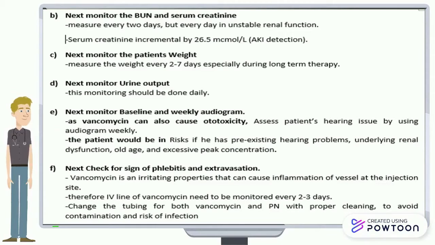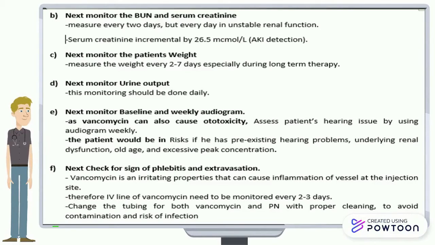We also need to check for signs of phlebitis and extravasation. Vancomycin has irritating properties that can cause inflammation of vessels at the site of injection. Therefore, the IV line of vancomycin needs to be monitored every 2 to 3 days.